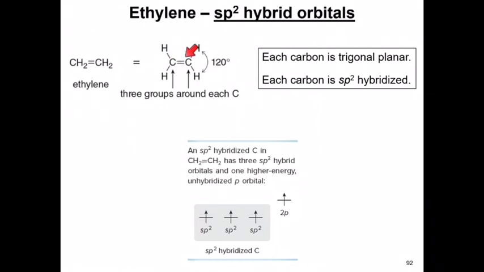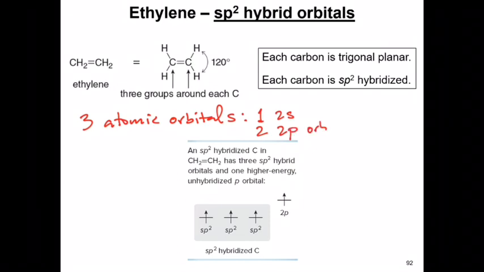And since each carbon atom is sp2 hybridized, 3 atomic orbitals will overlap and form 3 sp2 hybrid orbitals. So again, that's 3 atomic orbitals. That would be one 2s atomic orbital, and 2 coming from the 2p orbitals.